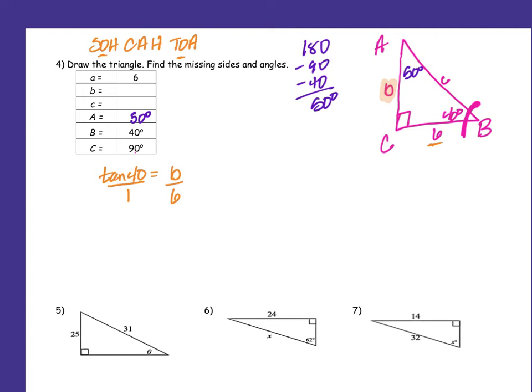It's a whole number, so I'm just putting a 1 underneath it. I have 2 fractions equaling each other. How do I solve? What do I do? If I have 2 fractions equaling each other, what am I going to do to solve for it? Does anyone know?